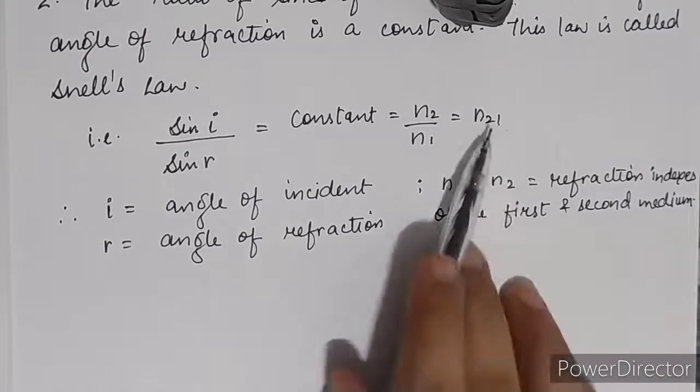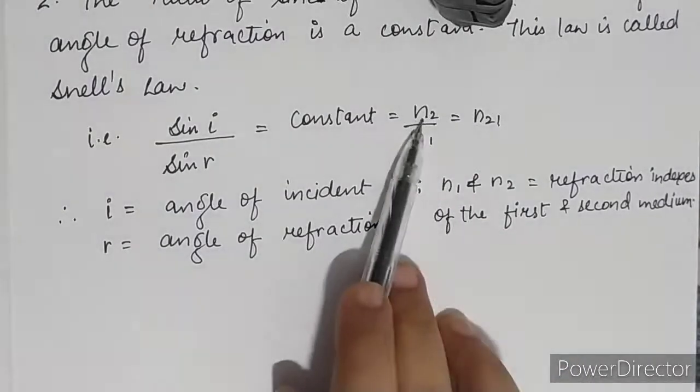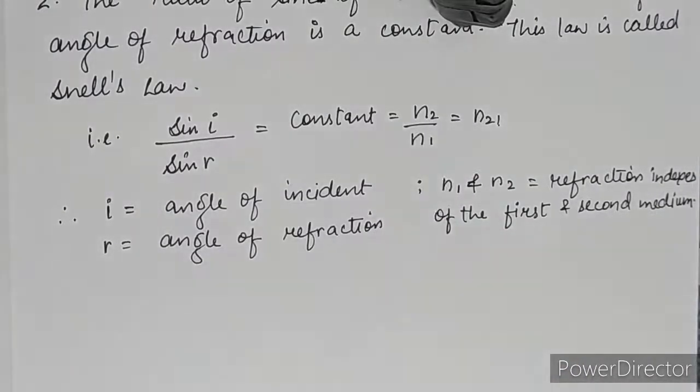Where we are writing n21, it is the refractive index of the second medium with respect to the first medium.